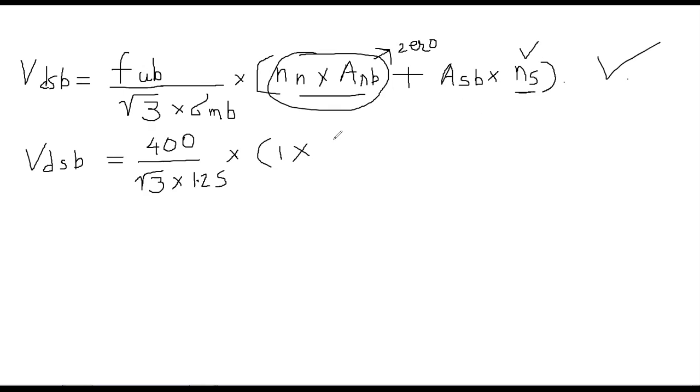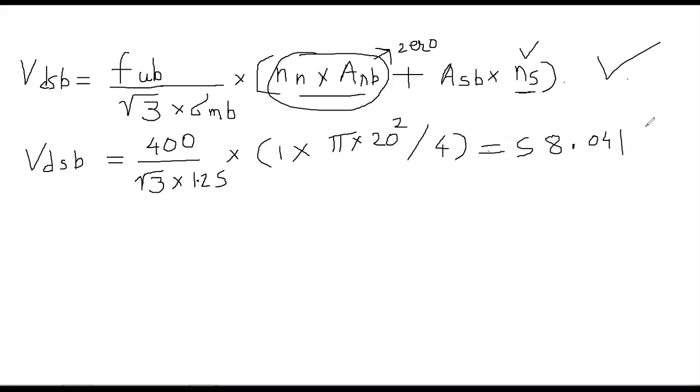Multiplied by Asb. Value of Asb will be pi d square by 4, that is pi multiplied by 20 square by 4. Okay, so ultimately we will get the value of your VDSB, which will be equal to 58.041 kilonewton.